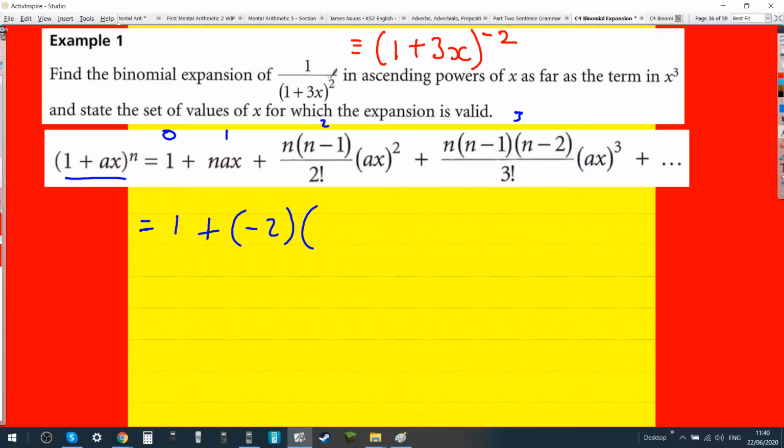What is A? A to the -2, A is 3. So it's 3x.